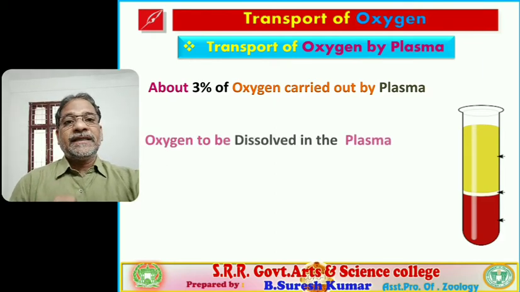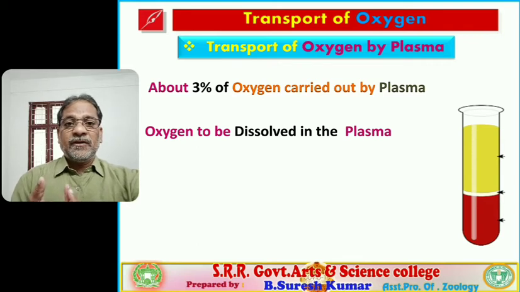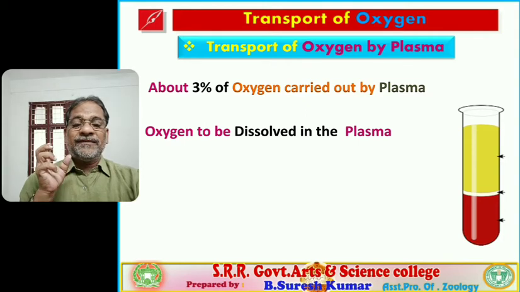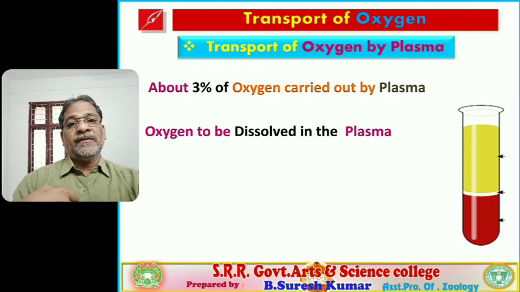In what way is it carried? The oxygen is first dissolved in the plasma. So during ventilation, when we inhale the atmospheric air, the oxygen present in atmospheric air dissolves in the plasma of the blood.